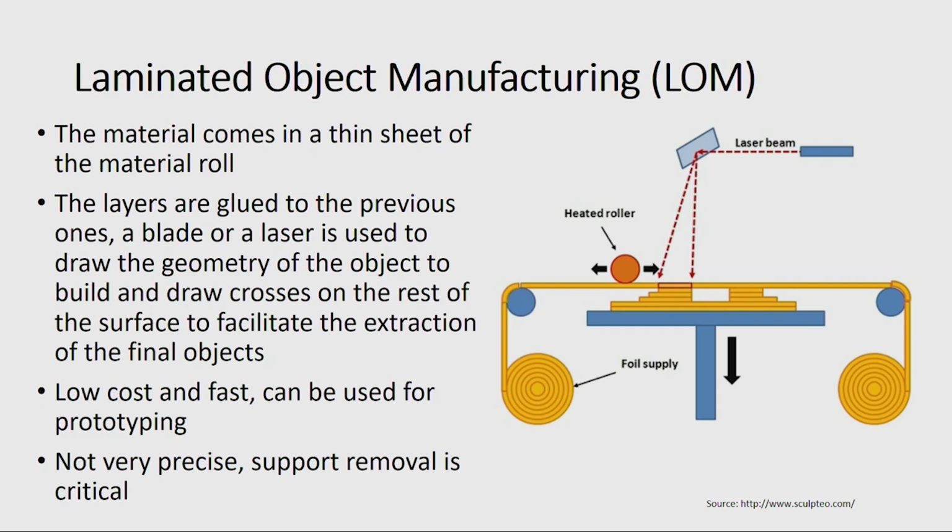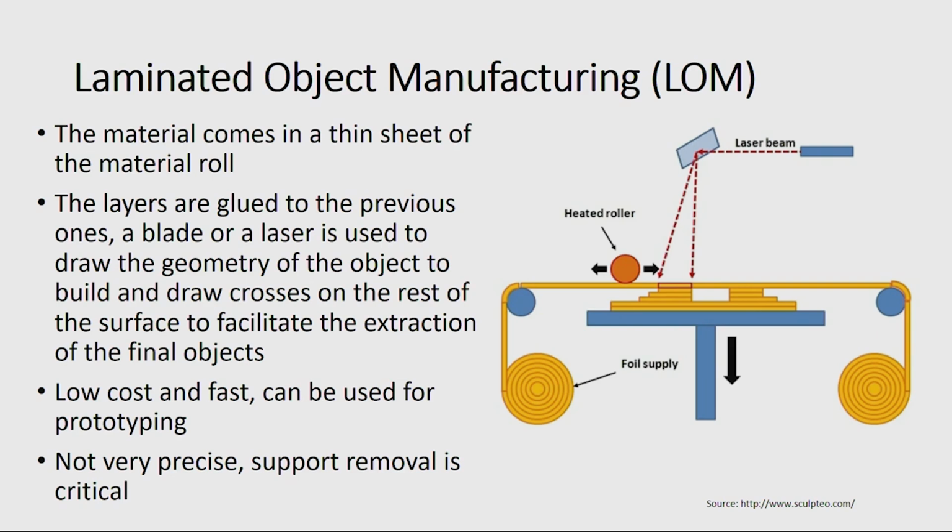In SLS 3D printing, the powder will be there, and using a laser beam, the powder is sintered to make the object. In material jetting, the UV light curable material is deposited through micro orifices, and it is cured using a UV light.